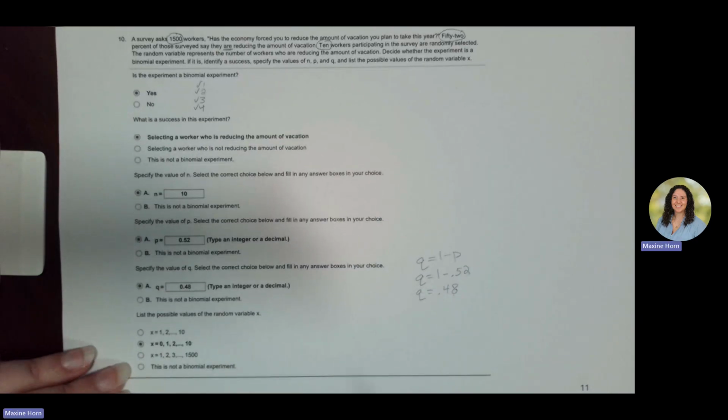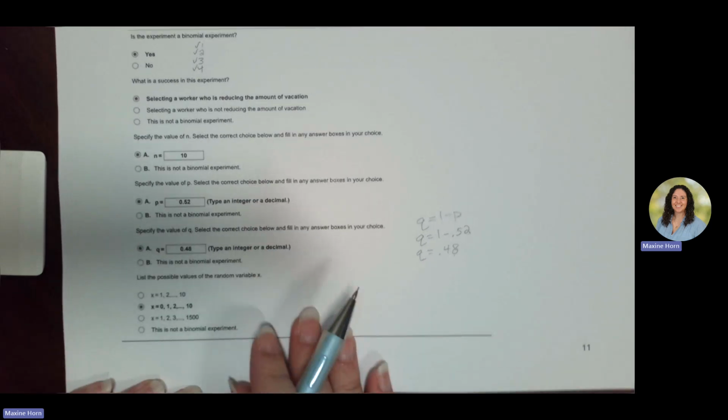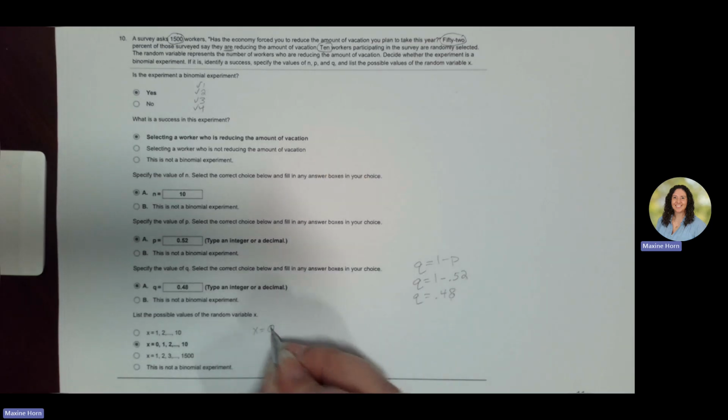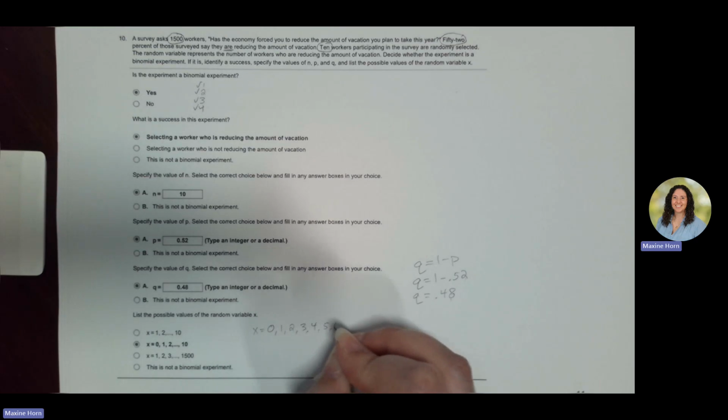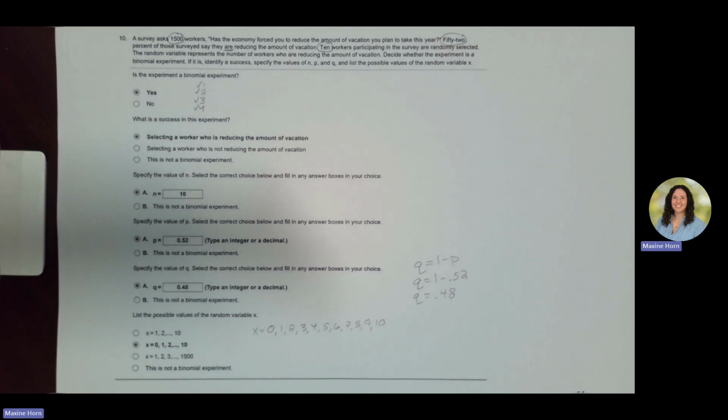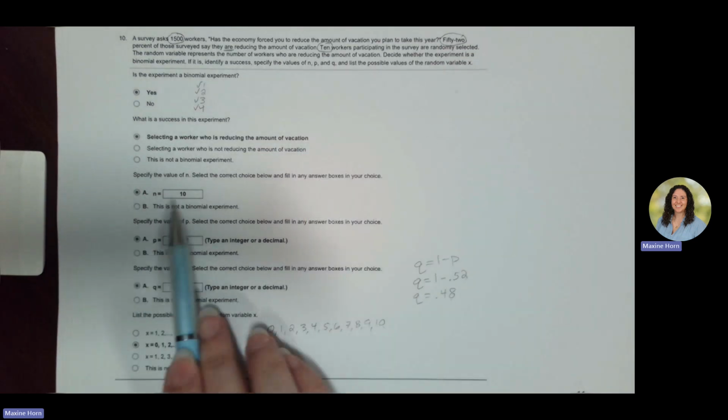If we have 10 workers participating in the survey, either 0 of them could say that they are reducing the amount of vacation, or maybe 1 of them says it, or 2, 3, 4, 5, 6, 7, 8, 9, 10. Those are all the options for x, the possible values of the random variable x, because we go from 0 all the way to our n value, which we established was 10. So don't forget 0.